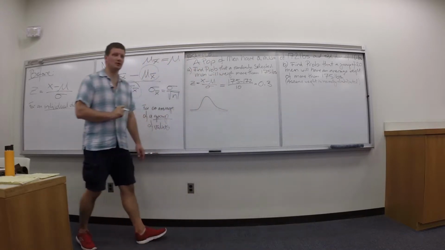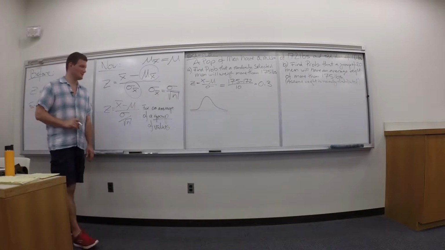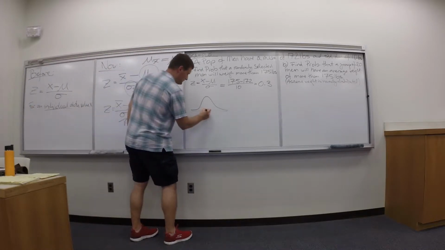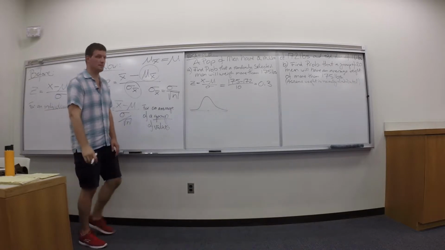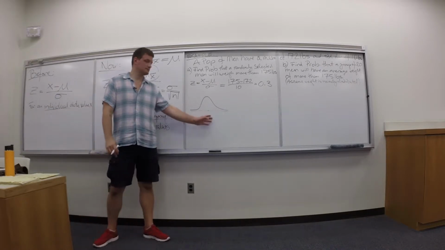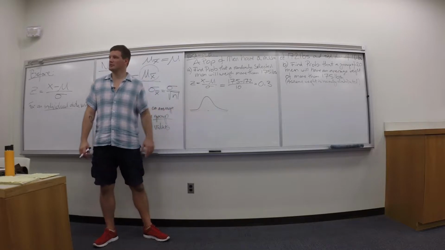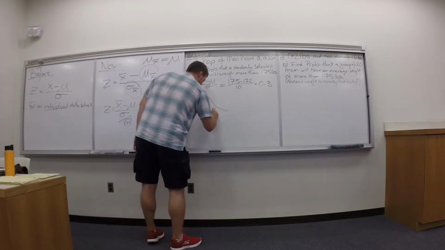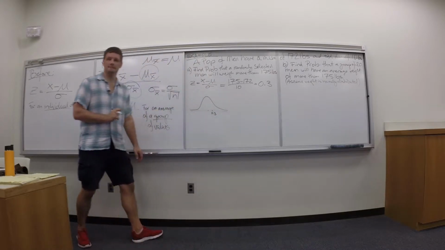Behold a beautiful standard normal curve. Freehand. Lots of practice. Where's 0.3? What's in the middle? What's right here? No. 0. It's a standard normal, so the mean is 0. So this is 0. So 0.3 will be here.